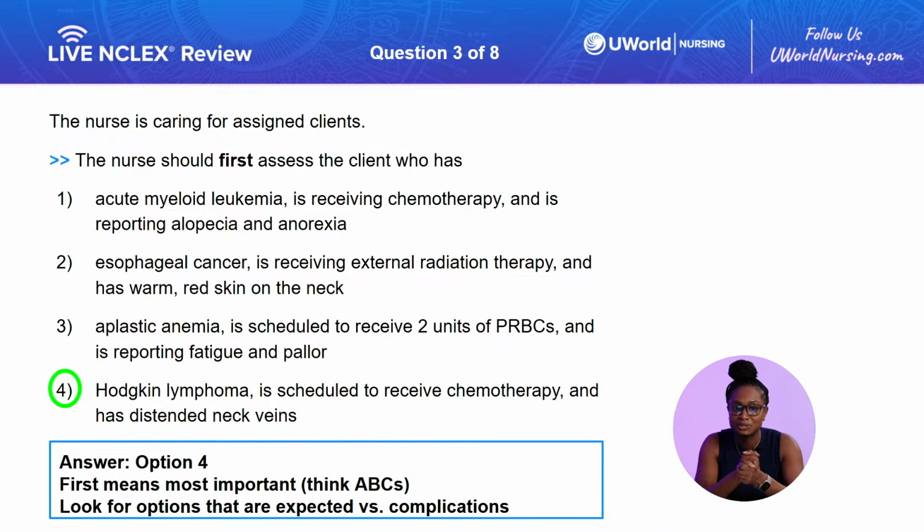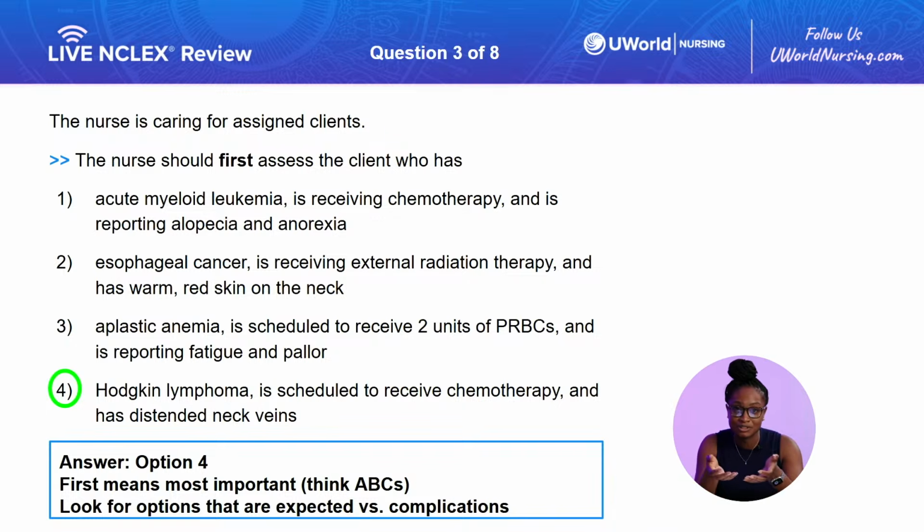Option 2, esophageal cancer, is receiving external radiation therapy, so that high beam radiation to the neck because it's esophageal. Those are all expected findings, like red skin on the neck. All of that works well together. Nothing is concerning in that. And then option 1, acute myeloid leukemia, is receiving chemotherapy and reporting alopecia and anorexia.